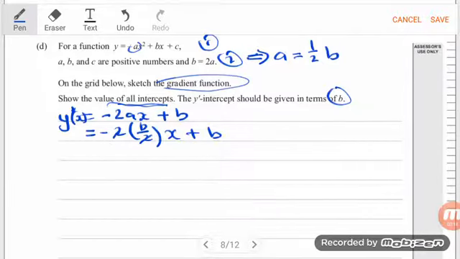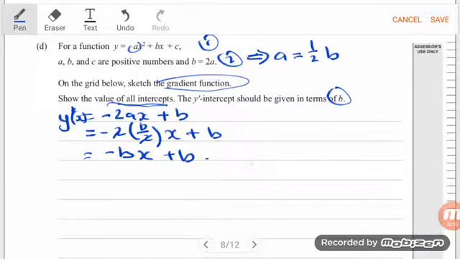The 2's cancel out. Negative bx plus b. Oh, that's nice and convenient, isn't it? Okay. So this is the equation of our graph.